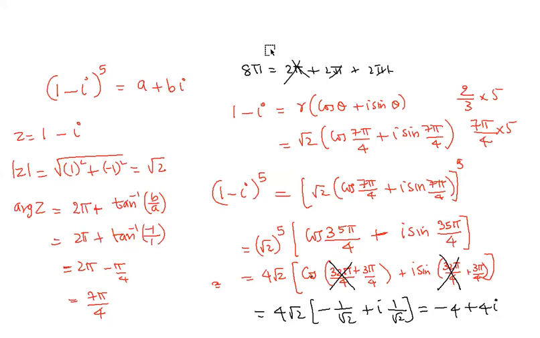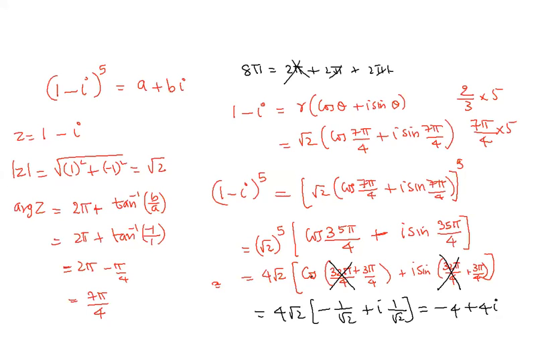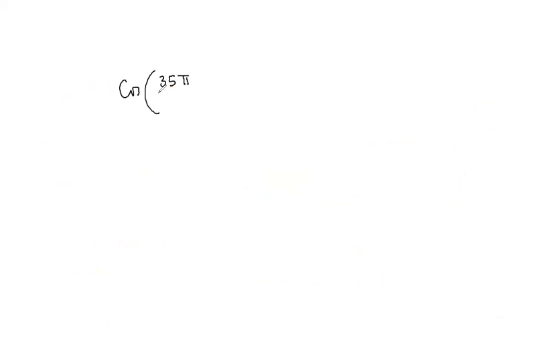Okay, I'll explain. Look at this. I had cos of 35 pi by 4. This is what I had to calculate. I can write this as cos of 32 pi plus 3 pi by 4. 32 plus 3 is 35, na?